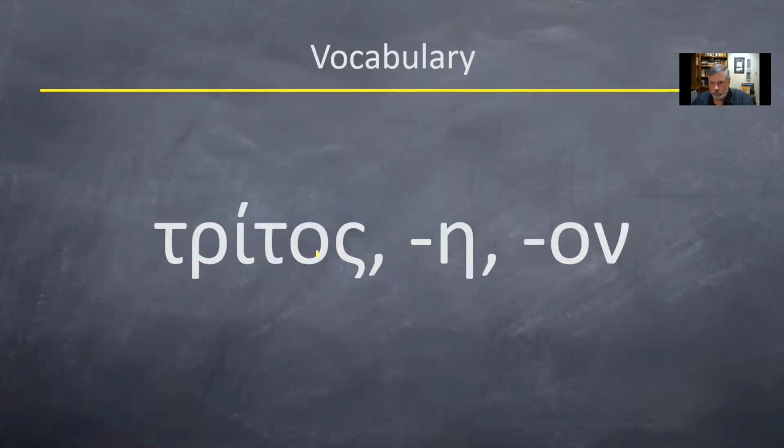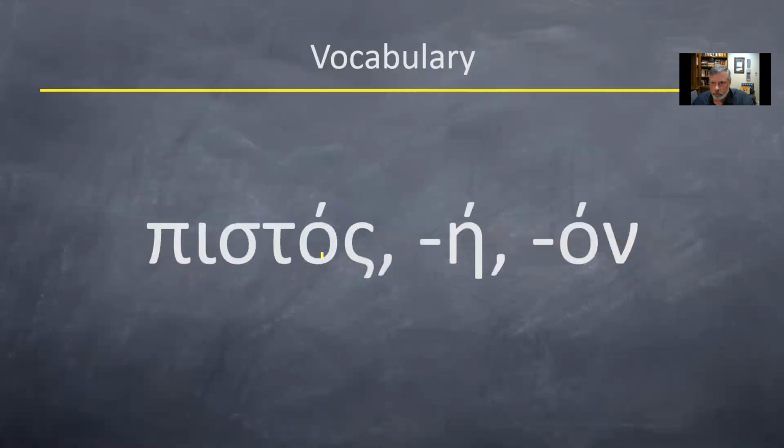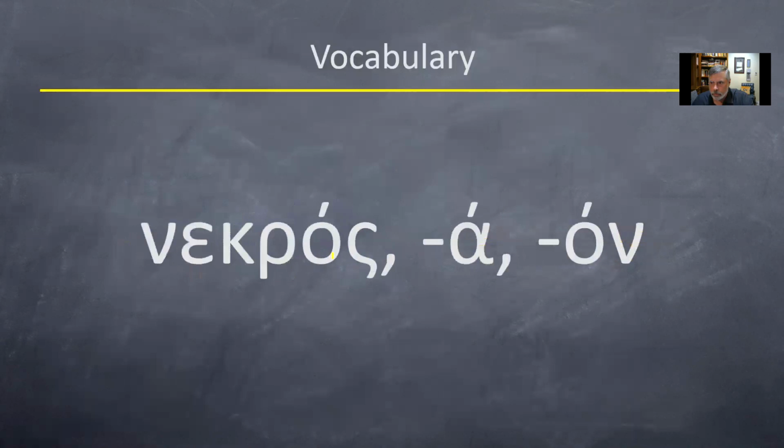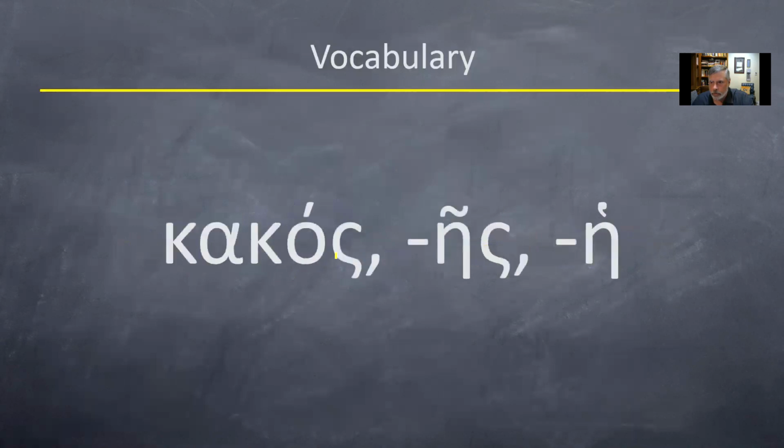We talked about this: it is not first declension. This is a third declension because its stem ending actually has the consonant, and it's a feminine word. When you get to third declension, masculine and feminine are combined, neuter separate. We'll do that in a couple of weeks. But here's kakos.